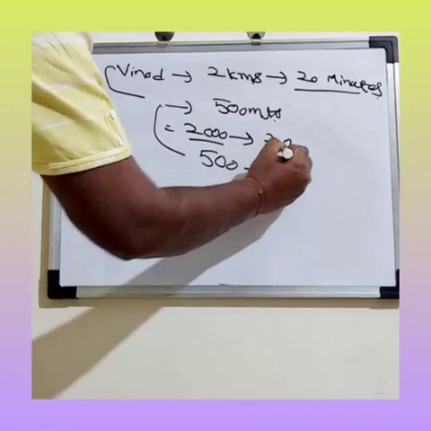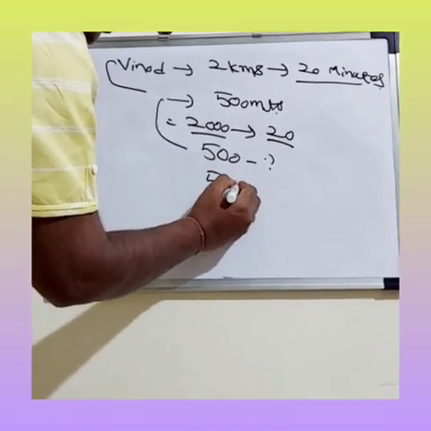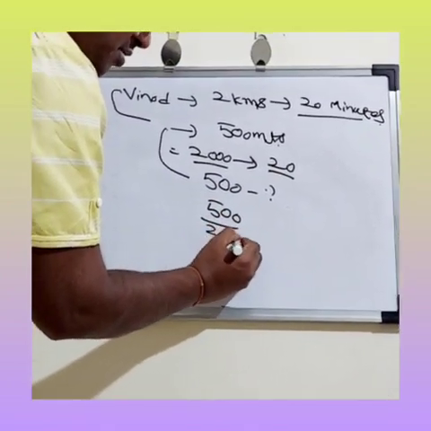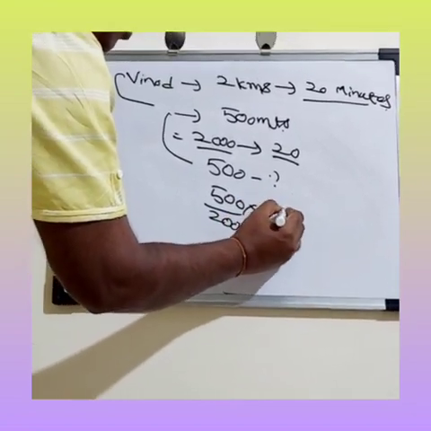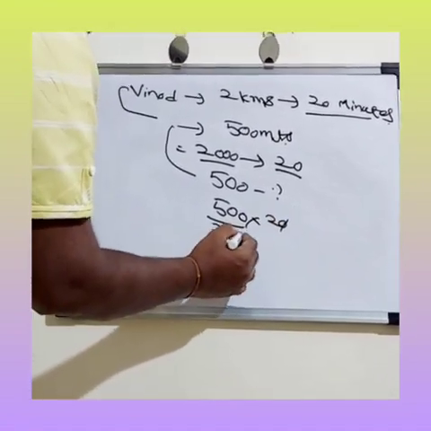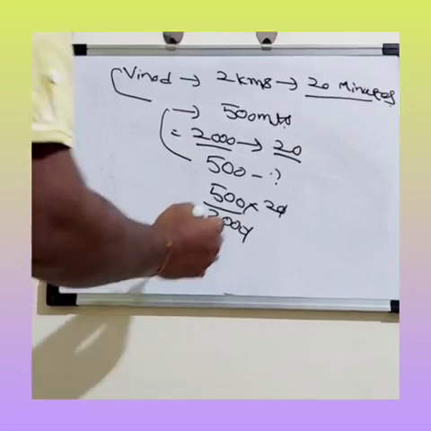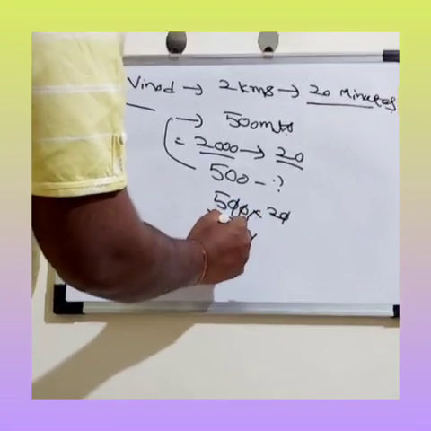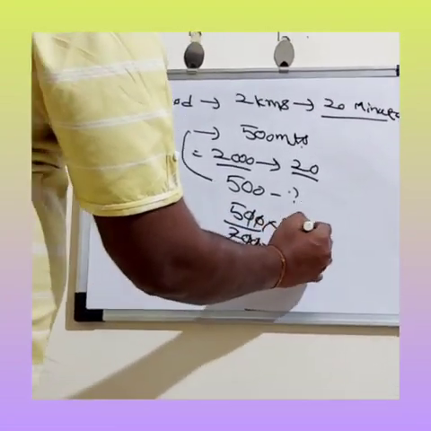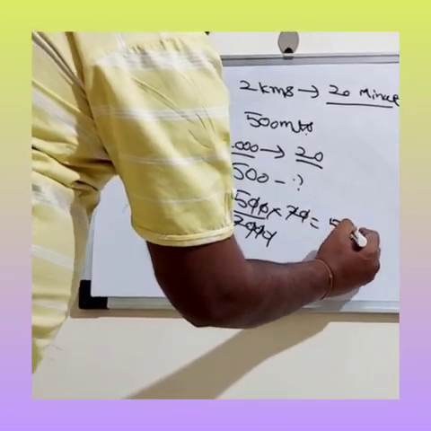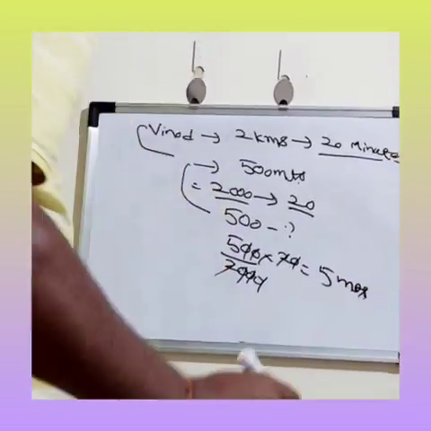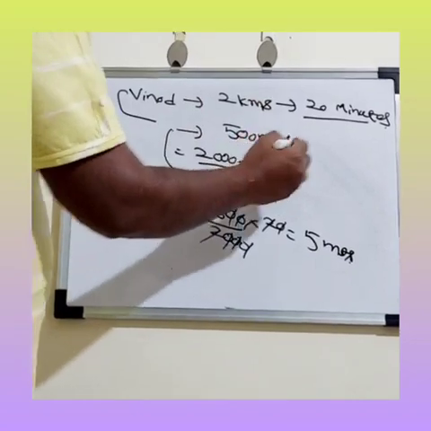2000 meters takes 20 minutes. So 2000 divided by 20, cancel the zeros. Total how many minutes? 5 minutes. This is one logic.